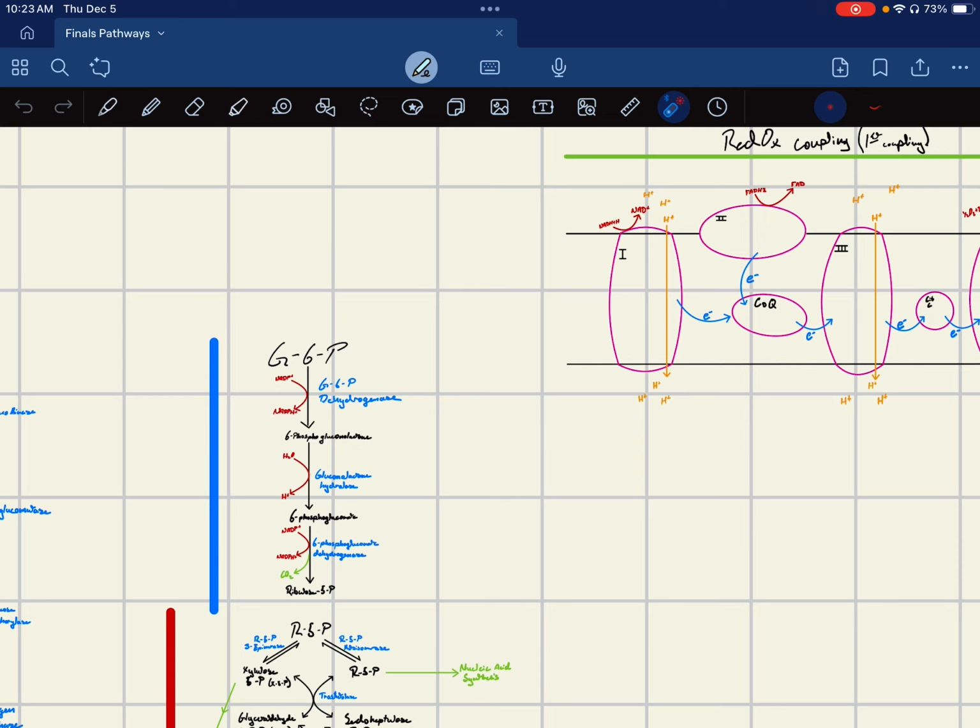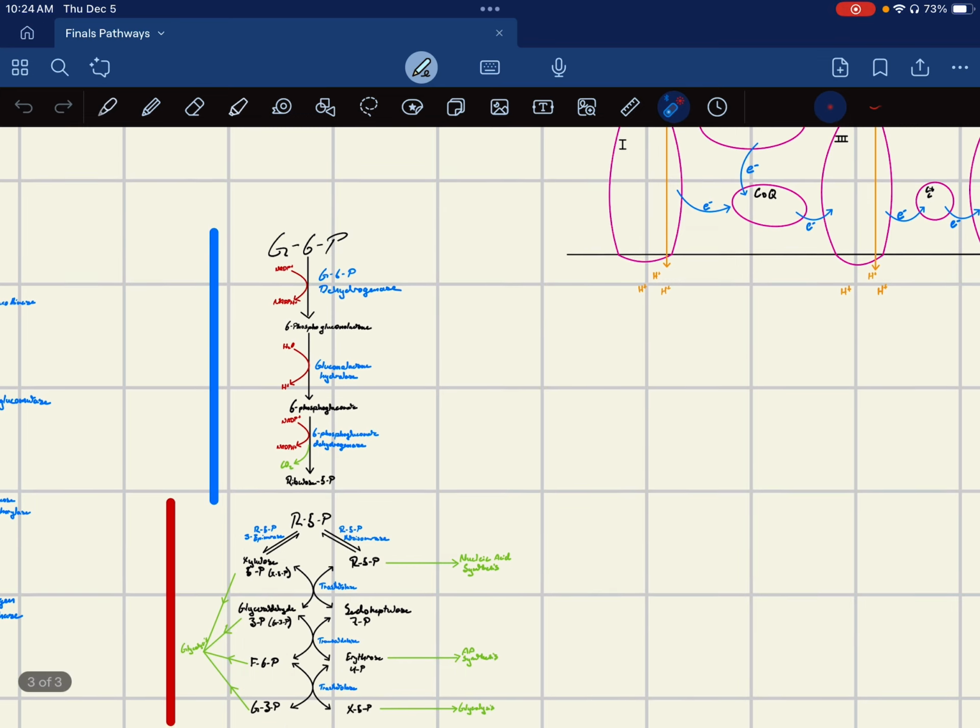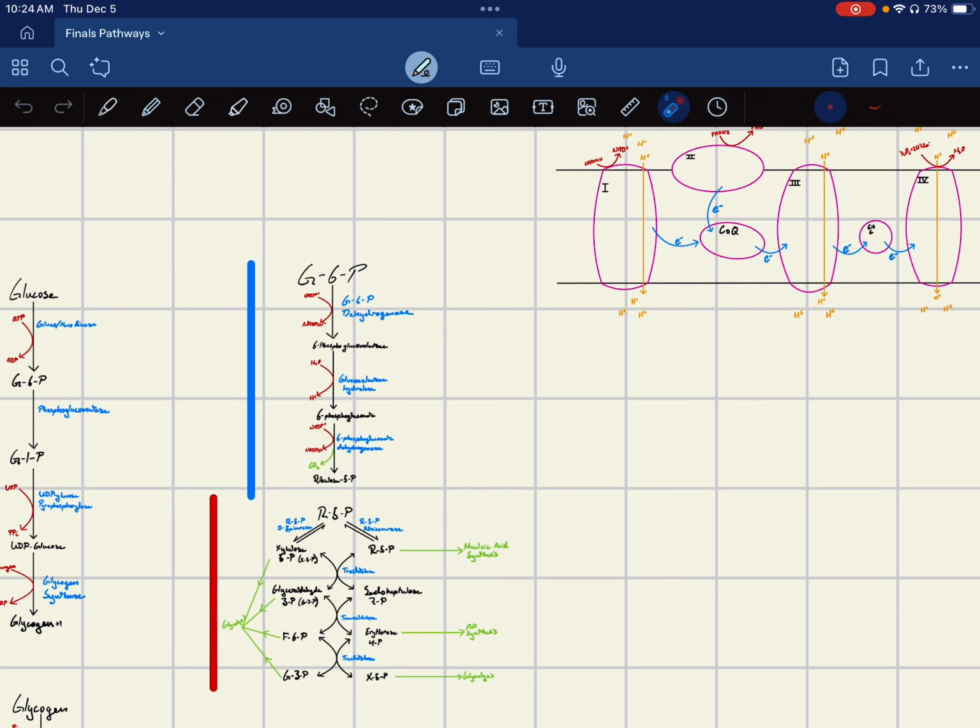And then our other main thing we look at here is the R5P synthesis. This is really important for the sugars, as they're essential for nucleotide production.